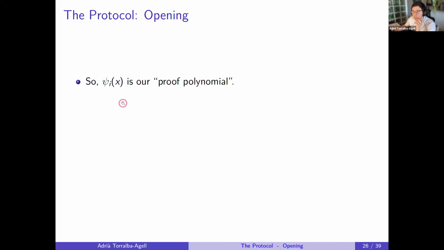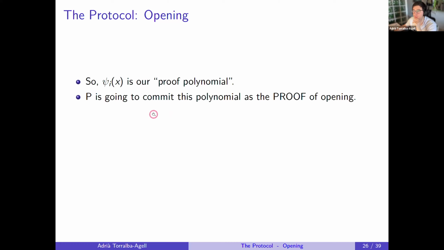Now, we will define psi of x, our proof polynomial or quotient polynomial or whatever you want to call it. So we are going to commit this polynomial as the proof of the opening, just as before. We define C of psi as G to the psi of alpha.